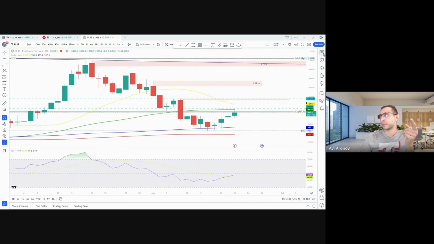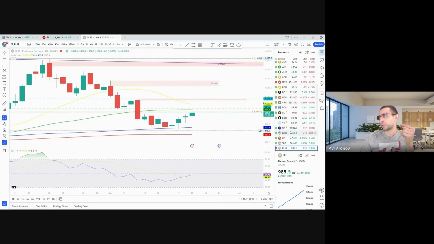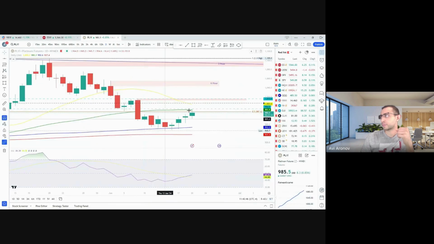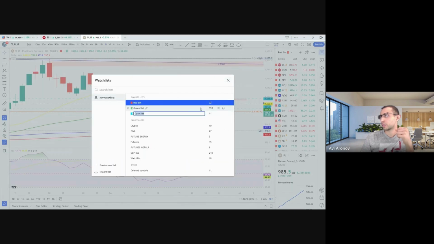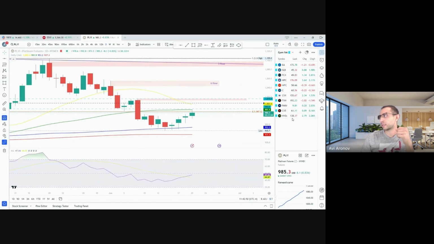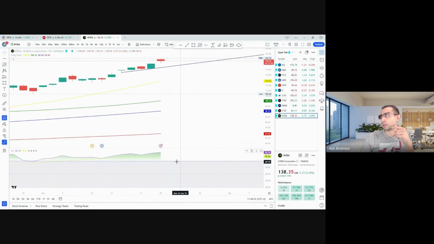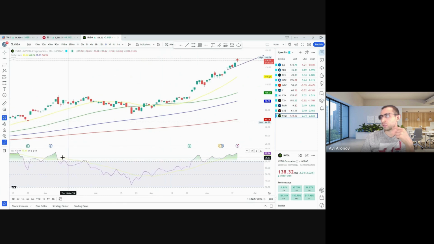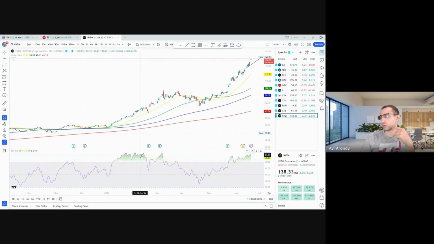Now on Nvidia, what we can see is that it was well overbought, and then like here you see it was well overbought, and as it dropped, it didn't really drop to the bottom until way under the 50%.